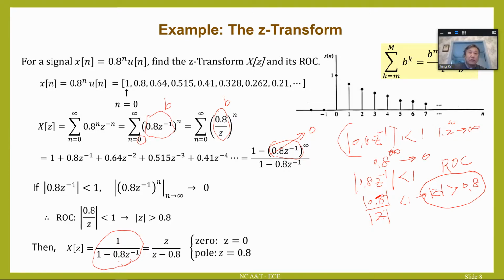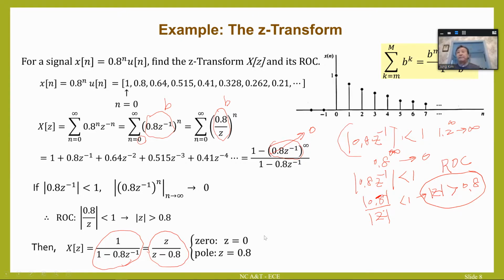Because this is a z to the minus 1 first order system, every term is multiplied by z: 1 times z is z, and 0.8 z to the minus 1 times z is 0.8. So this is z over z minus 0.8. Even though this is the non-causal form, we can find the zero at z equals 0 and the pole at z equals 0.8. So the region of convergence is this.